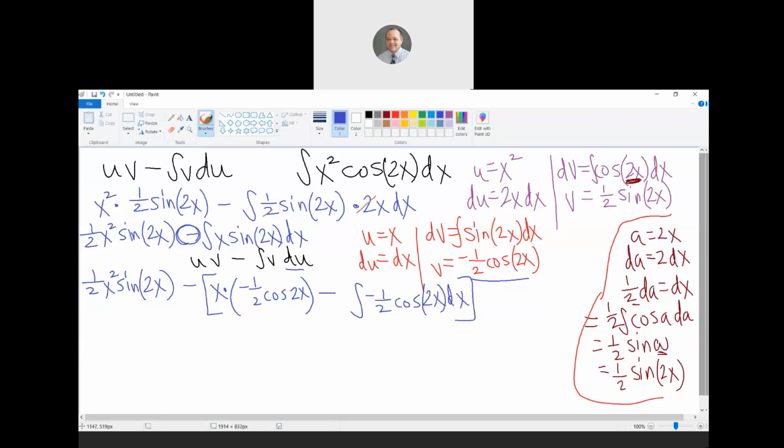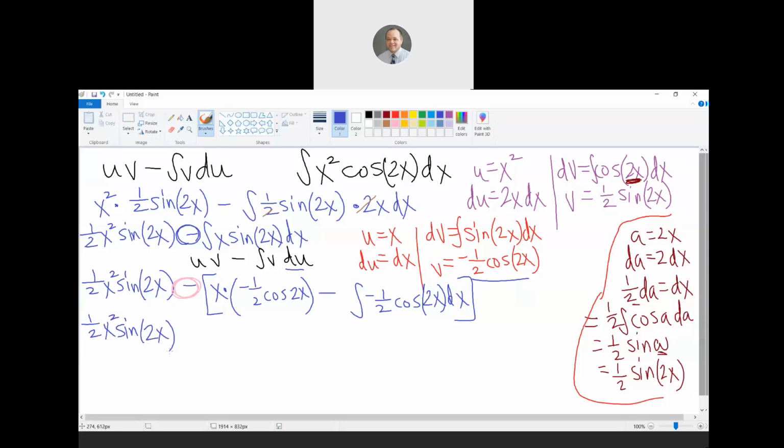Now, before we integrate, let's go ahead and distribute this outside negative sign. So when we do that, we have 1/2 x squared times sine of 2x from earlier.